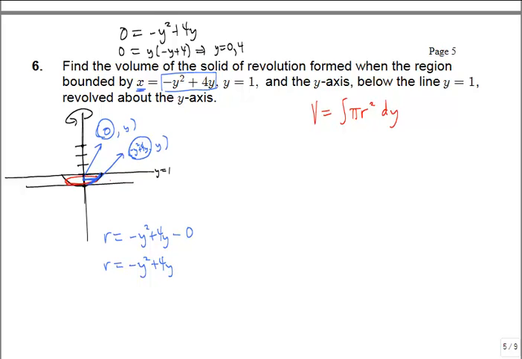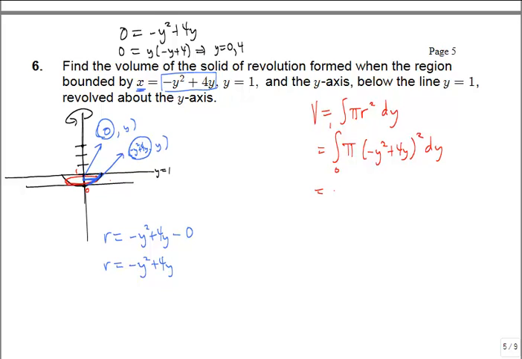So now we're ready to substitute it in. This is pi times negative y squared plus 4y quantity squared dy. And what are my bounds for y? I'm starting down here at 0 and I'm going up to that line y equals 1. So y ranges between 0 and 1.